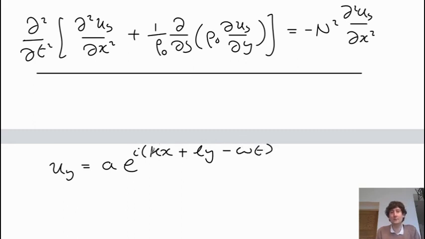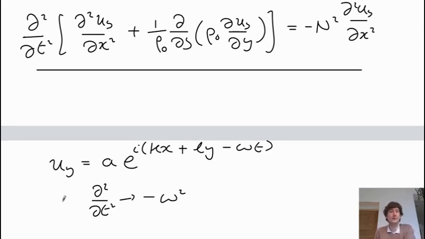So this is a wave in x and y and time. And so d2 by dt squared goes to minus omega squared. The same for x: d2 by dx squared becomes minus k squared, d2 by dy squared becomes minus l squared.